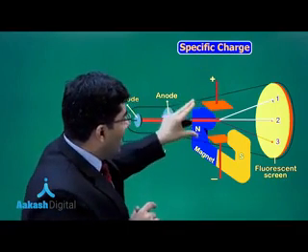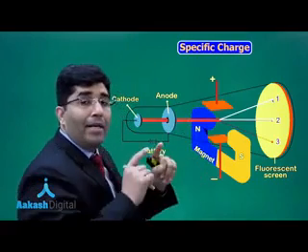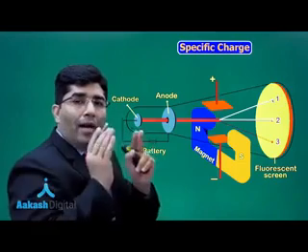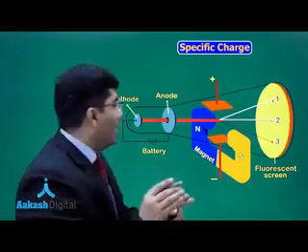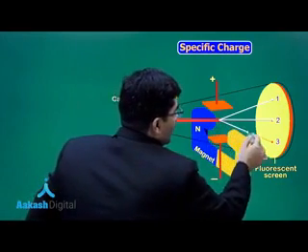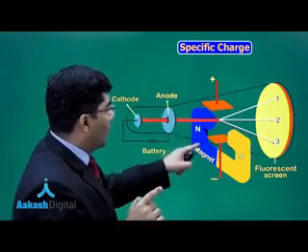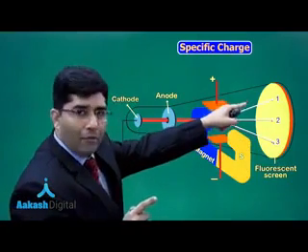If the electric field is not there and the magnetic field is present, then the rays will move in the direction in which a negative charge is expected to move, that is, in this direction. So if there is an electric field, the cathode ray will move towards point number 1.